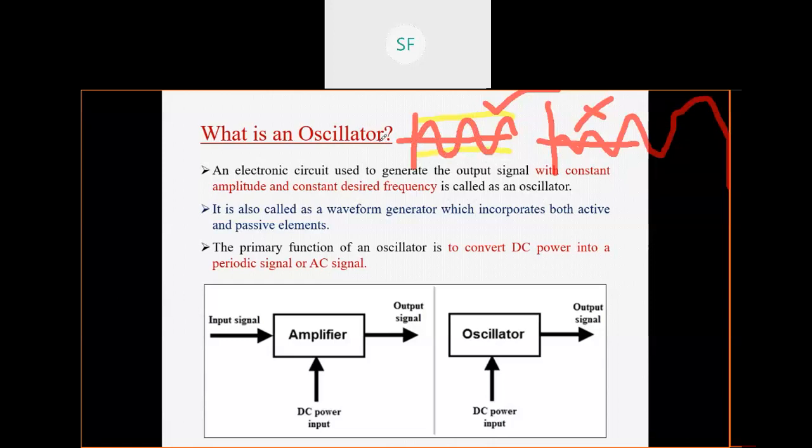So always remember throughout this unit that whenever I am talking about an oscillator, the output of the oscillator will be either a sine wave, rectangular wave, or triangular wave. Now in this case, it will be a sine wave. So you can remember like that.